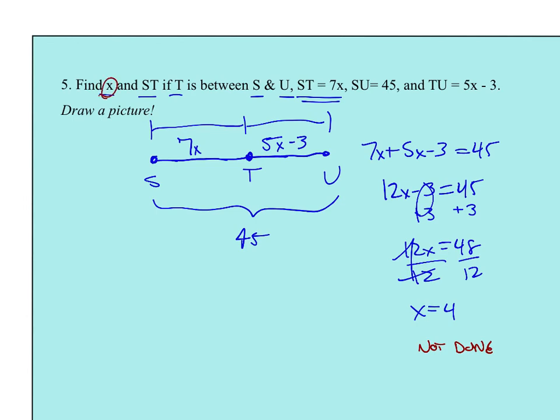We also need to find how big ST is. ST is 7X, and X is 4, so that's going to be 28 units. So we were not done; we had to find ST.